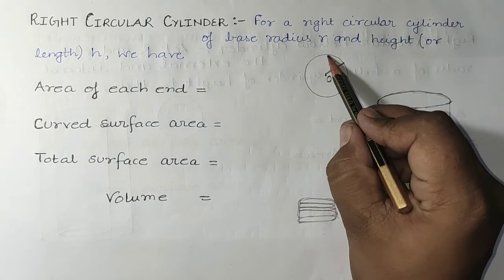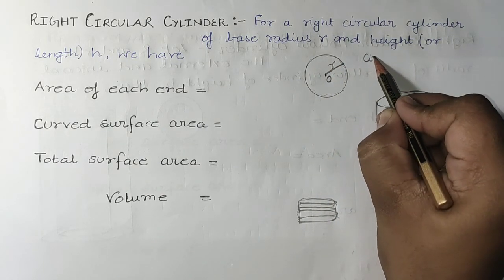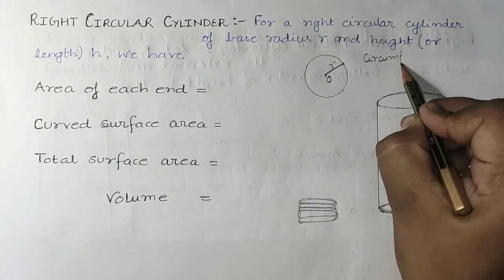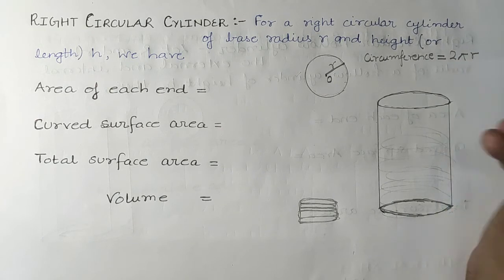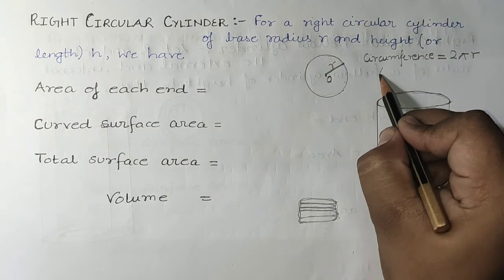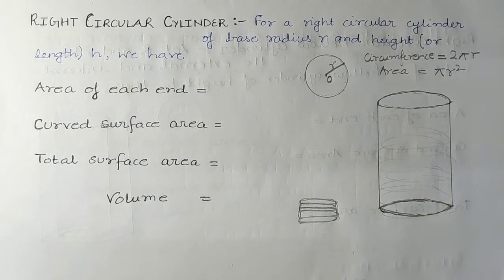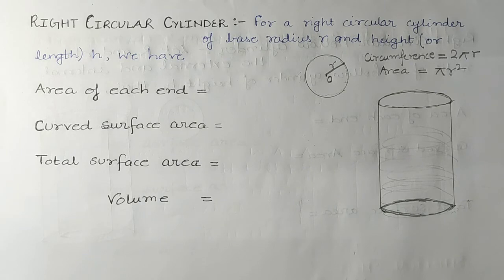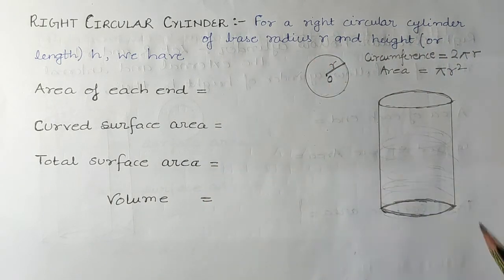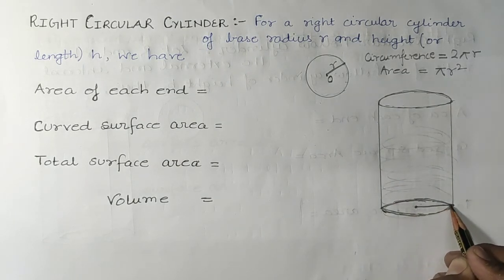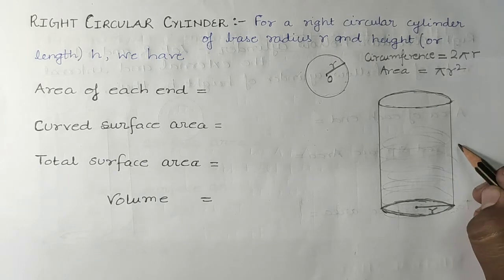The length of its boundary is known as its circumference, and the circumference of a circle is 2 pi r, and the area of a circle is pi r square. So here we are assuming that for a right circular cylinder the base radius is r, and height is h.